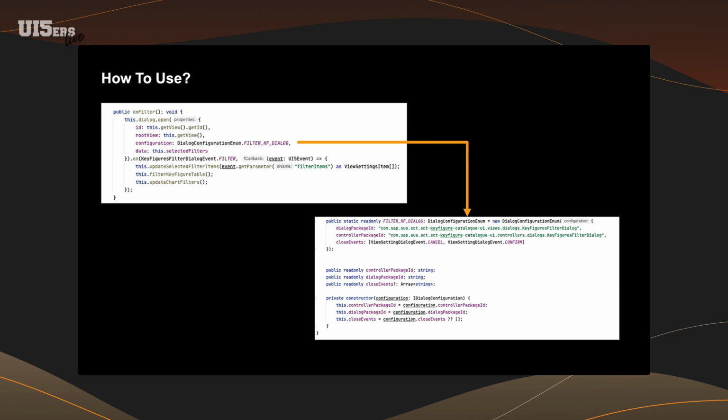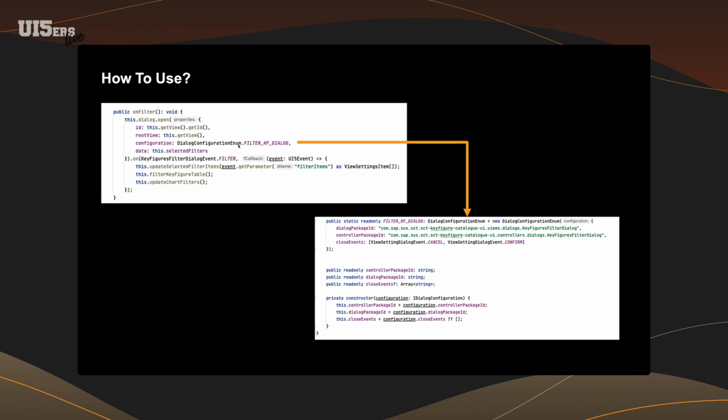Afterwards, as a promise, we have a so-called event handler. So our dialog, when it finishes or during its work, will send an event, and this event can be handled at this moment, and afterwards we can do any post-processing of the dialog work.